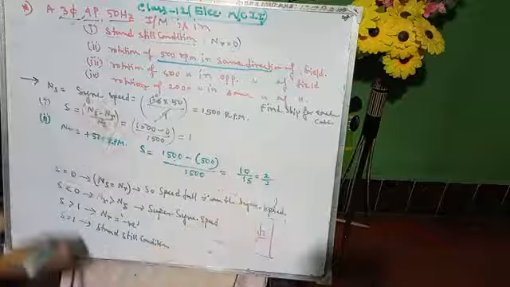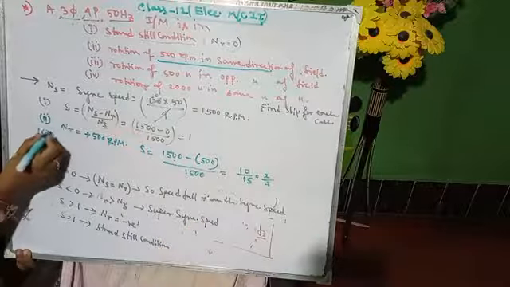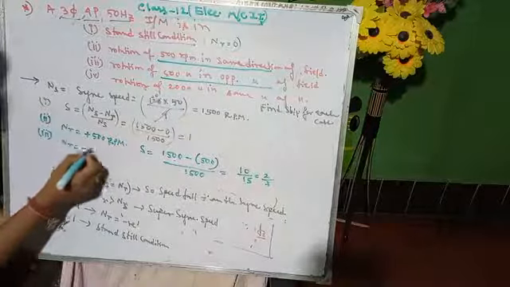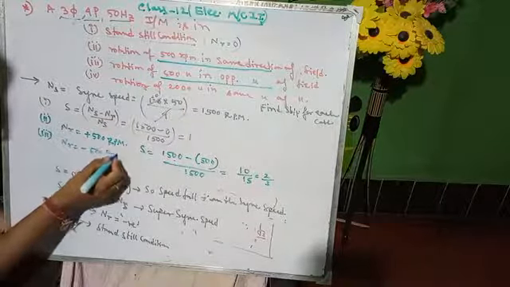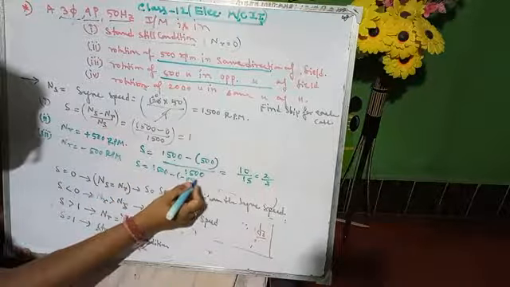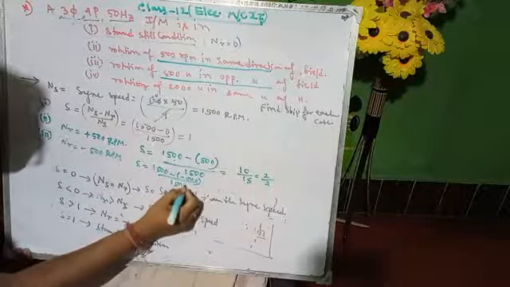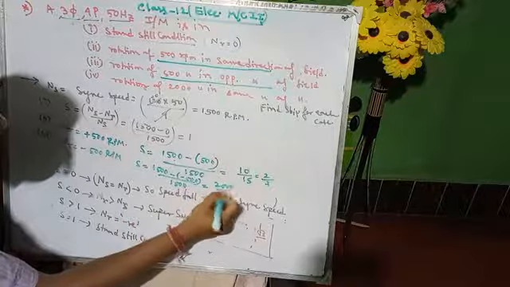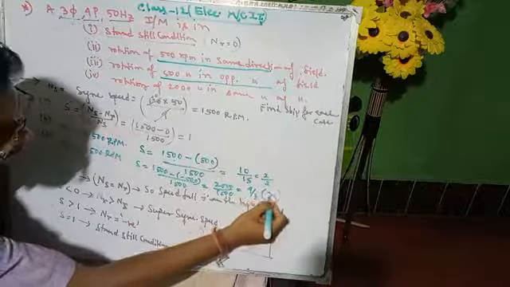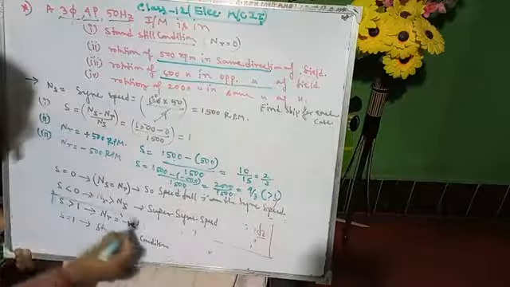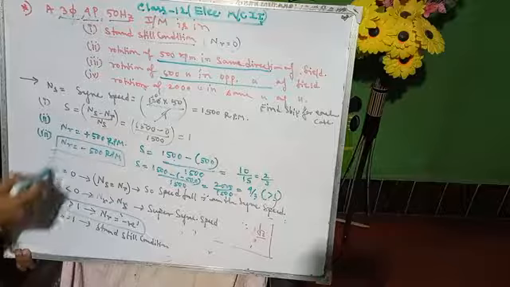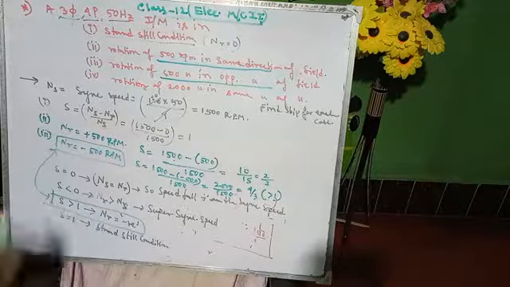For the third case, 500 rpm in the opposite direction, nr equals minus 500 rpm. Slip equals 1500 minus of minus 500 by 1500, that is 2000 by 1500, which is 4 by 3. It is greater than 1, so for s greater than 1, nr is negative. So this concept you have to verify.